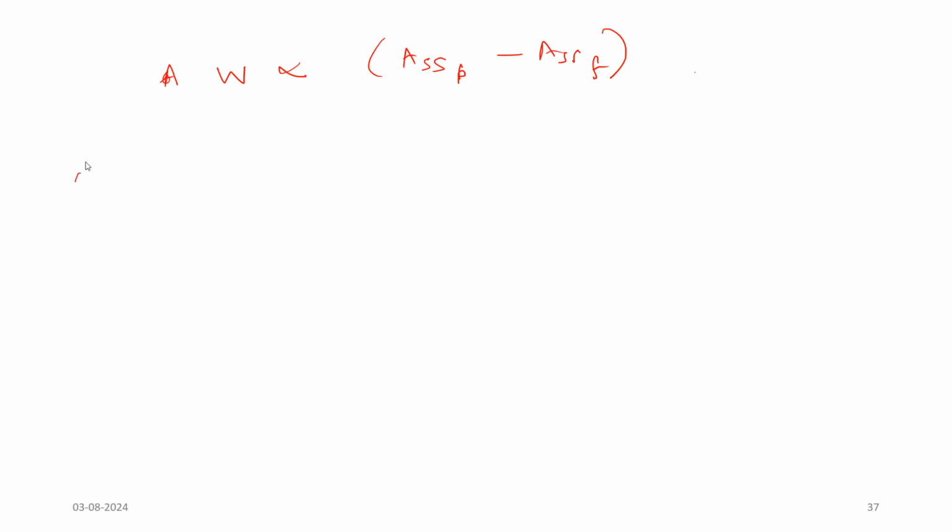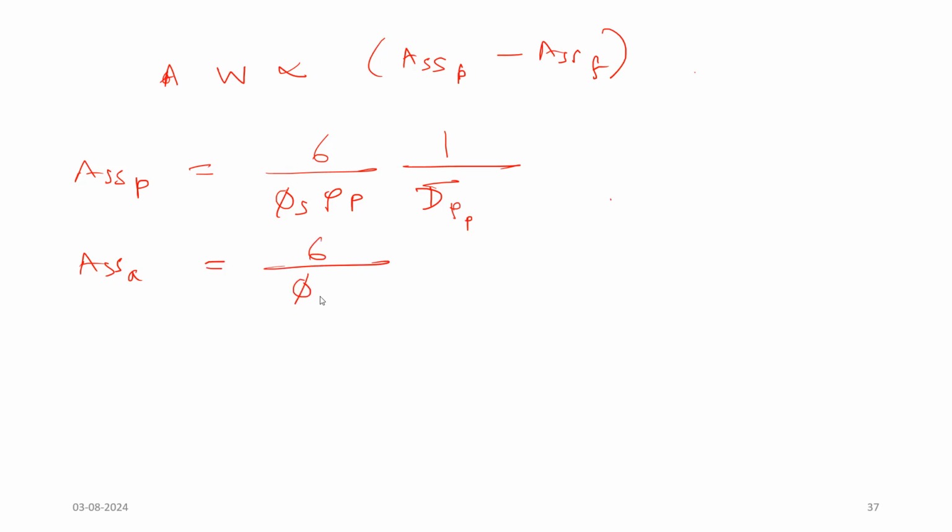ASSP will be 6 by phi s rho p into 1 by dpp, and for the feed case it will be 6 by phi s rho p into 1 by dpf.